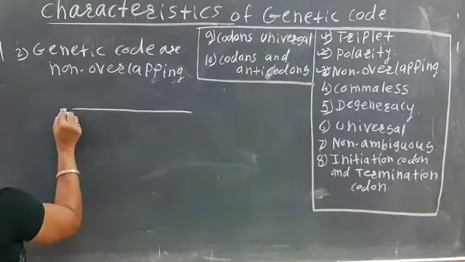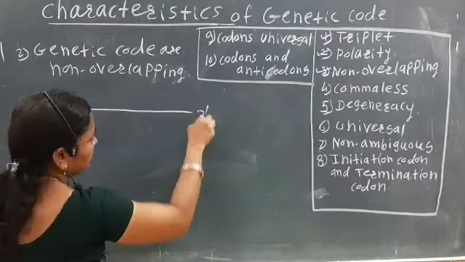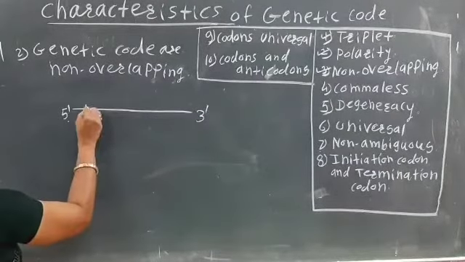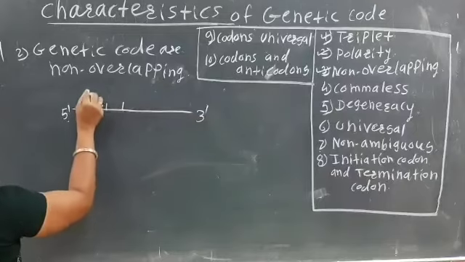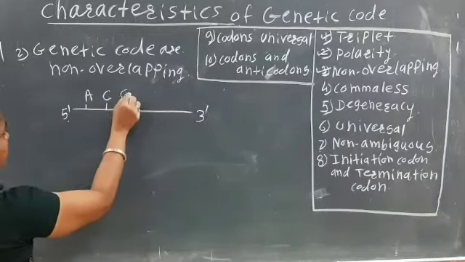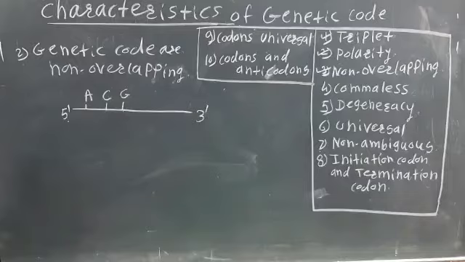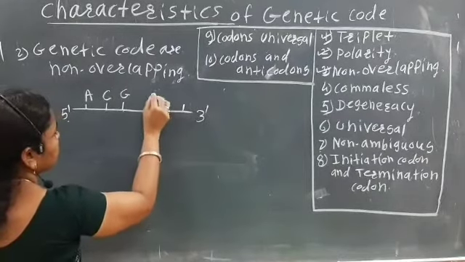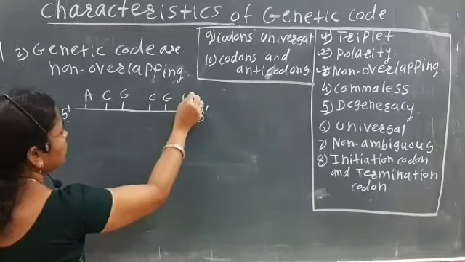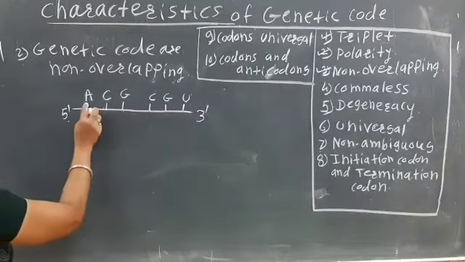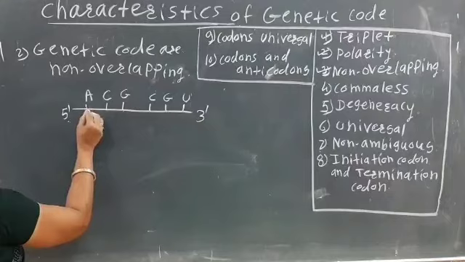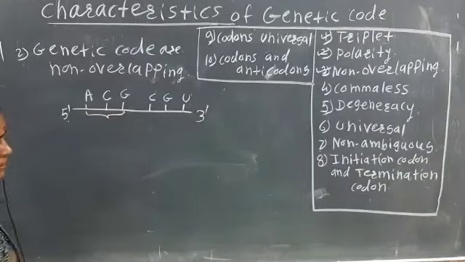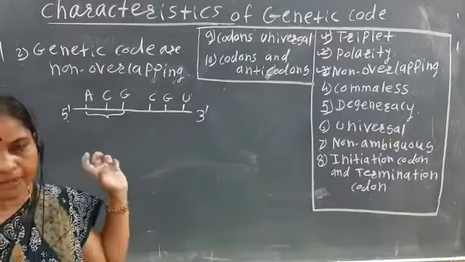Here is the 5' end and here is the 3' end of the mRNA. The first genetic code is, for example, ACG, and the second genetic code will be CGU. Here ACG specifies a single amino acid. A single codon specifies a single amino acid.